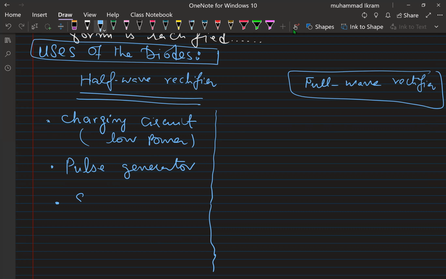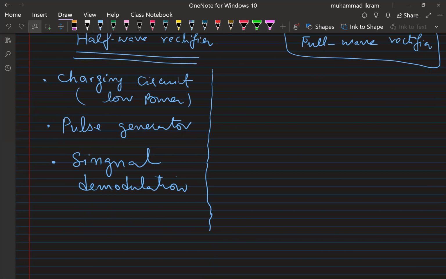It is also used in signal demodulation. Signal demodulation is separating carrier waves from the source waves, right?